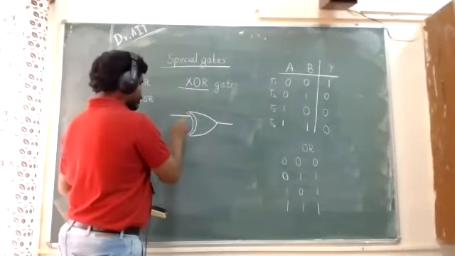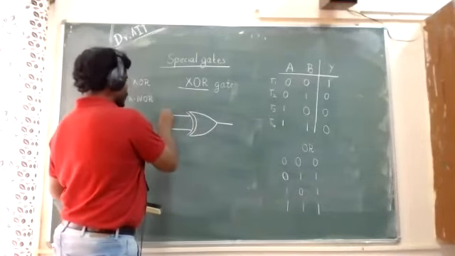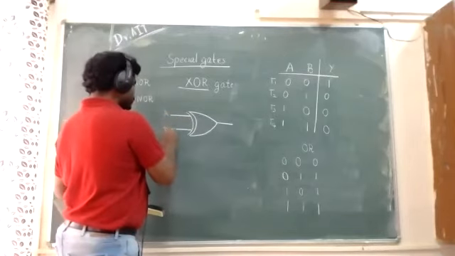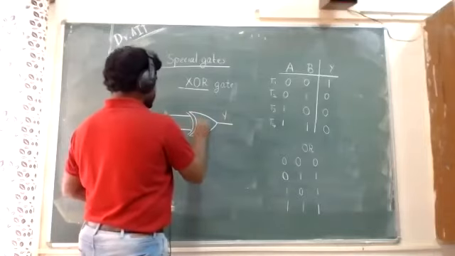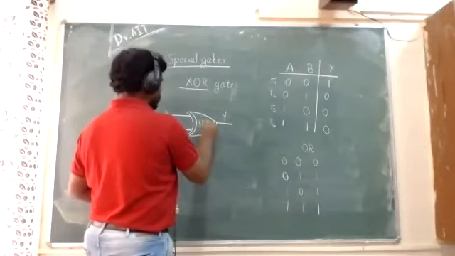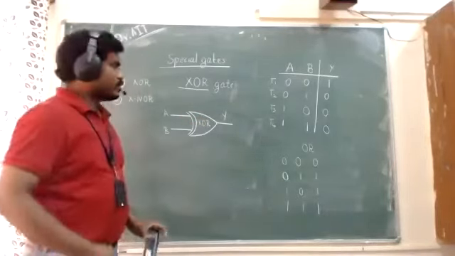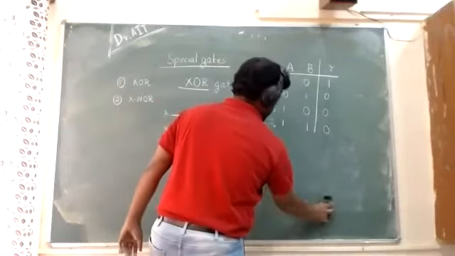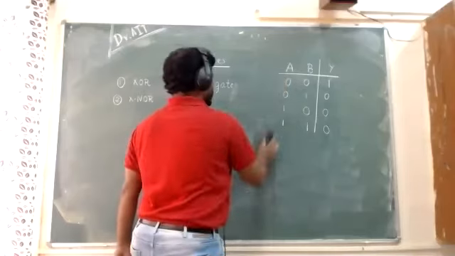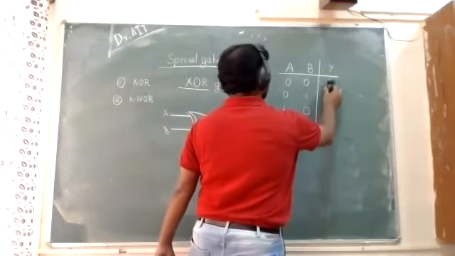It has two inputs, input A and input B, and output Y. So this is XOR. And coming to the truth table of this XOR gate, the truth table looks like this.